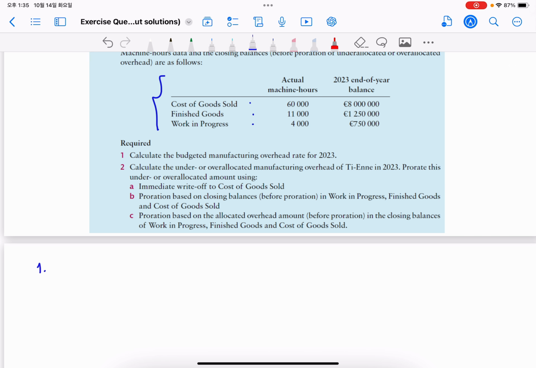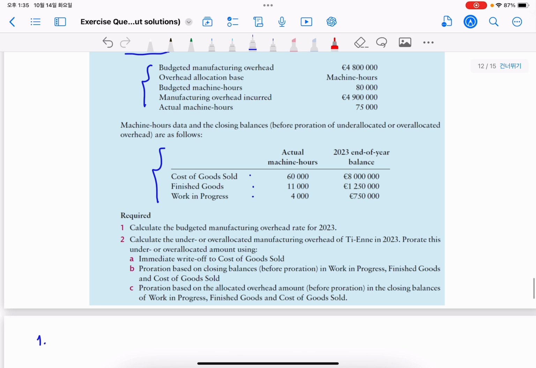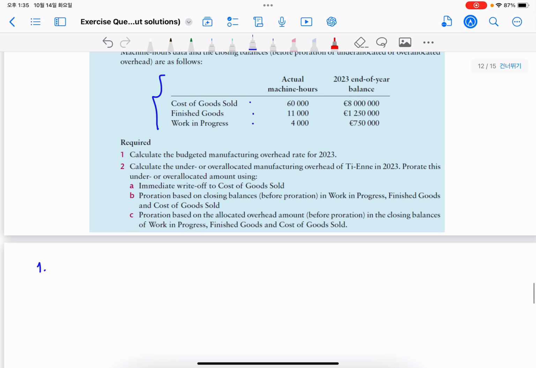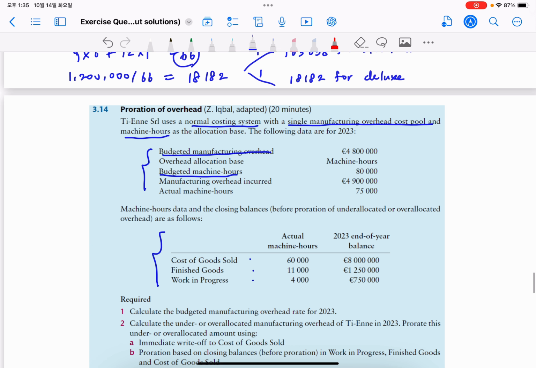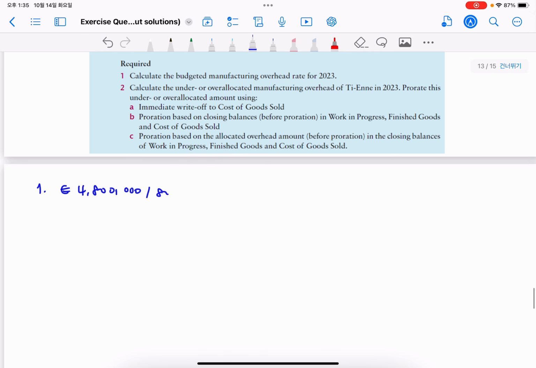Mainly we need to calculate based on the budgeted manufacturing overhead and the budgeted machine hours, right? So it's going to be 4.8 million divided by 80,000 MH. So this will give us 60 euros per MH.